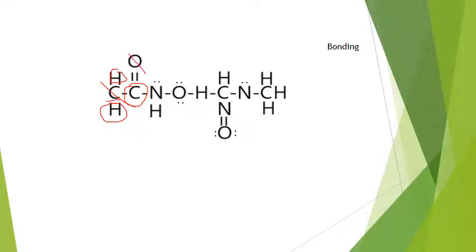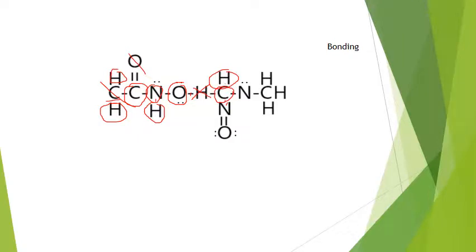This carbon here has 1, 2, 3, 4 bonds, so that's good. This oxygen has 2 bonds, but it's missing its lone pairs, so it's not good. This nitrogen has 3 bonds and 1 lone pair, so it's good. And this hydrogen has 1 bond, so it's okay. This oxygen has 2 bonds and 2 lone pairs, so that's good. This hydrogen's horrible. It has 2 bonds.